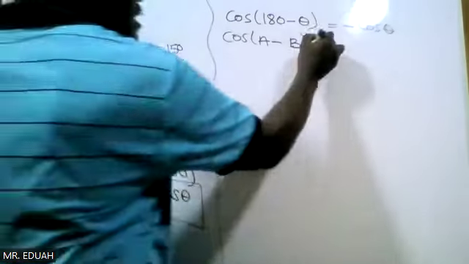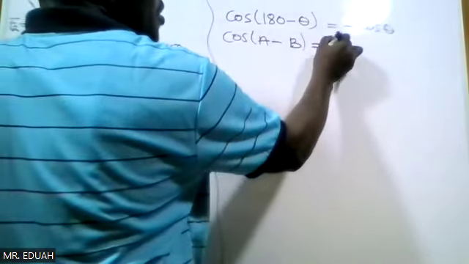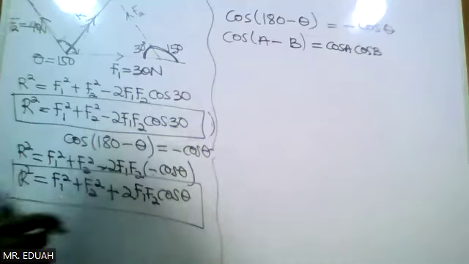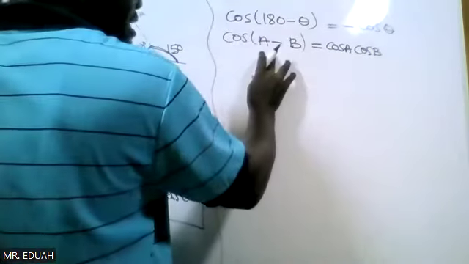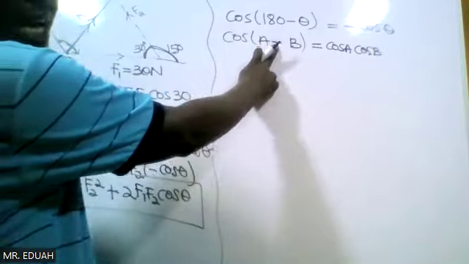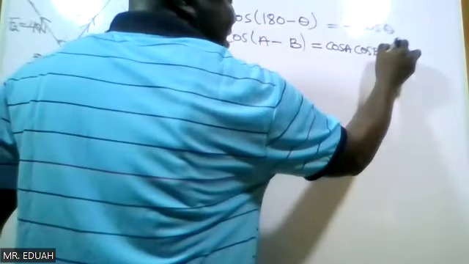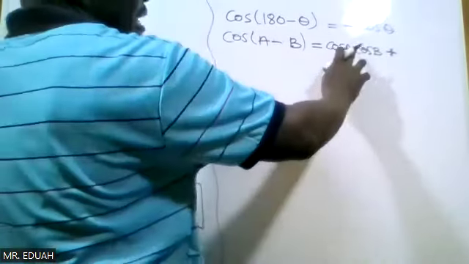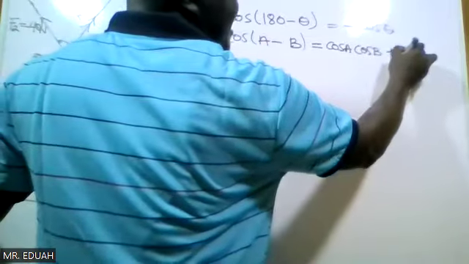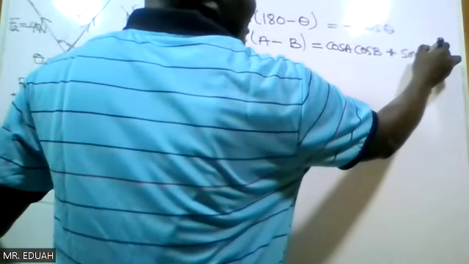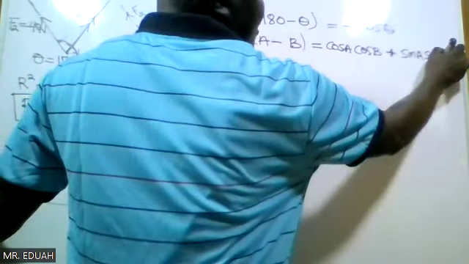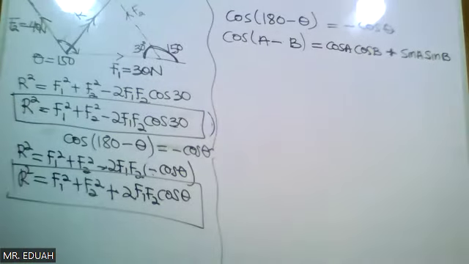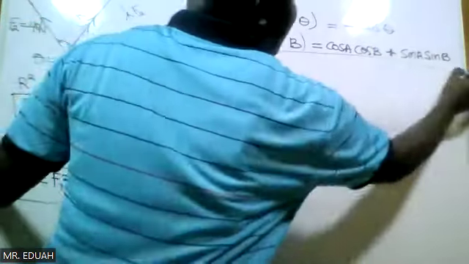The expansion of this is equal to cos A times cos B. Now, for cosine, if what is here is minus, it changes to be plus. It's a rule, or a formula. So cos A times cos B plus sine A times sine B. That's the formula for expansion of cosine for double angle. So I'm going to use this formula to expand this.